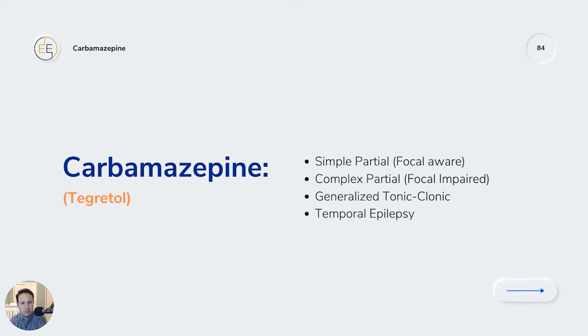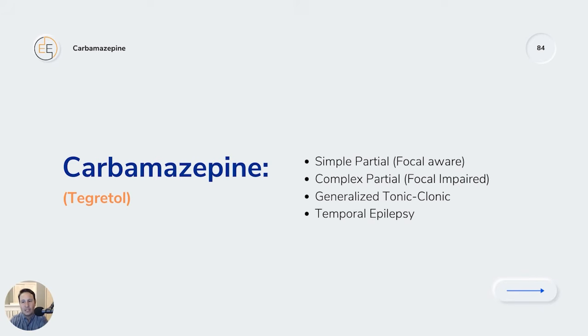All right, so here we are at carbamazepine. Carbamazepine is actually the very first ASM that I remember learning as a young tech that targeted a certain seizure type. I remember Dr. White at Denver Health, shout out Dr. White, giving us a little tip to remember.